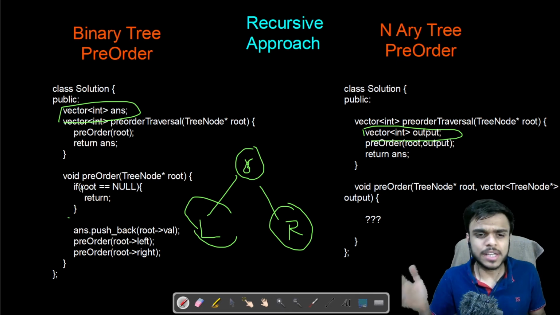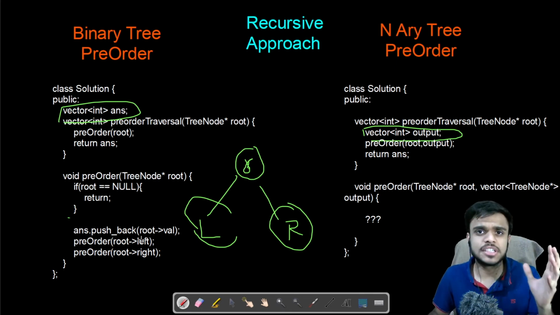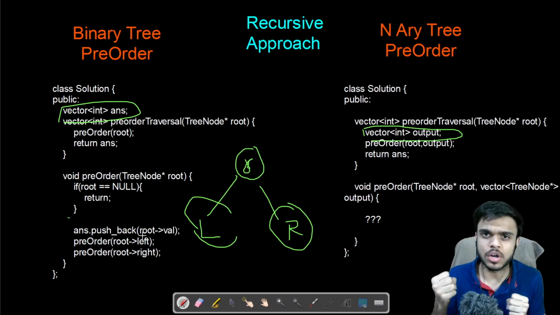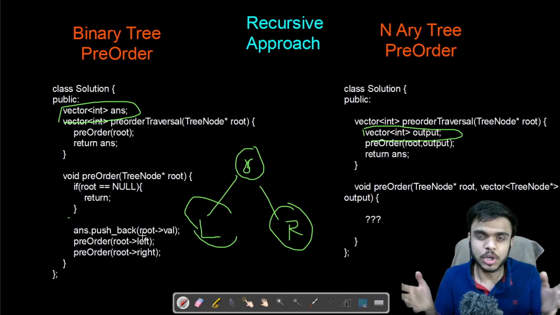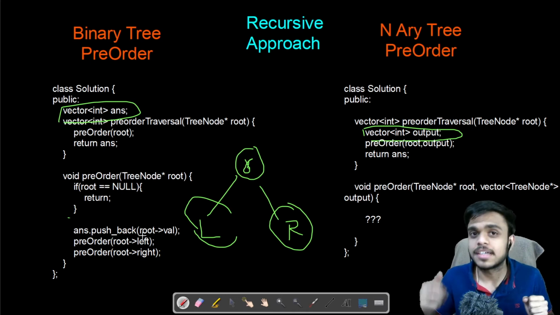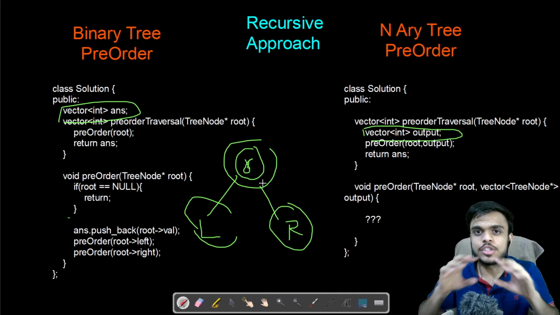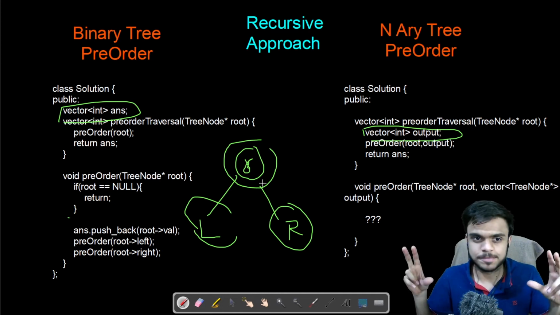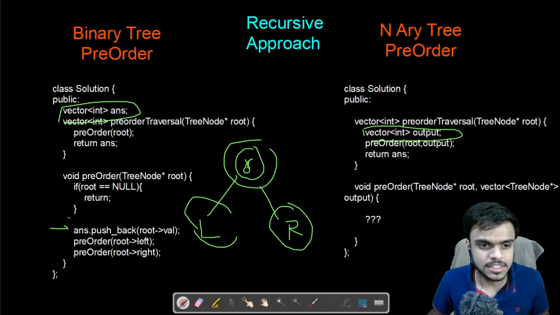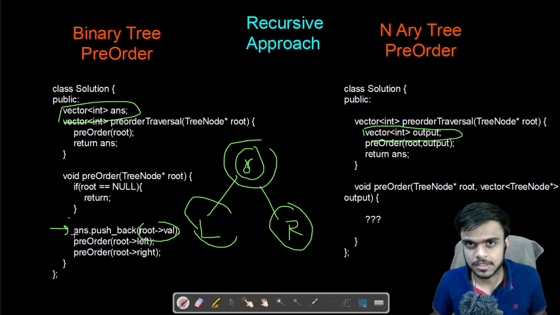What we do in our helper function is initially we check whether the root that we have got is null or not. If it is null, we just return because there is nothing to do forward. But if it is not null, then we take that particular root and add it to our pre-order traversal vector. We are just taking that root's value and adding it to our answer vector.